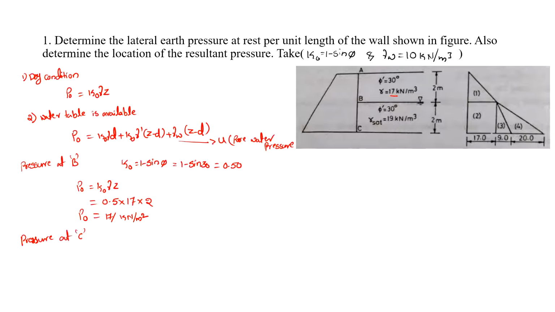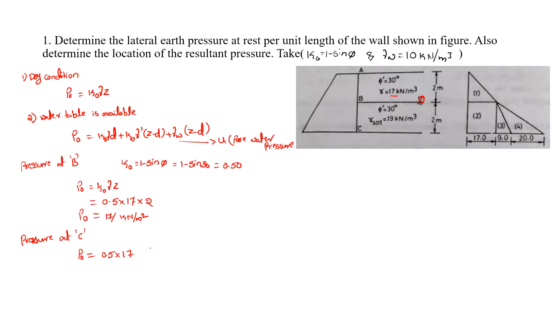Next, the pressure at point C. Here we have the water table from point B, as mentioned in the diagram. So we use the second formula. P naught equals K naught into gamma into D, that is 0.5 into 17, where small d is the height of the dry soil.